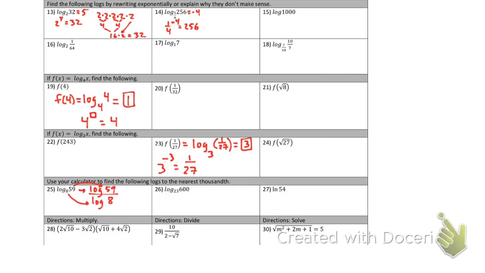All right, we're going to go ahead and do number 29. This is a little bit of review. This should take you back to IM2, but I'm just going to do it for you. So 29, we need to divide this. There's a rule though, you can't really divide radicals.